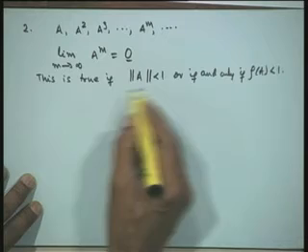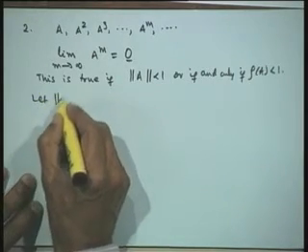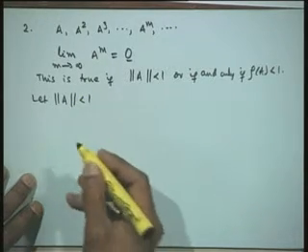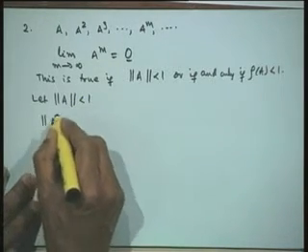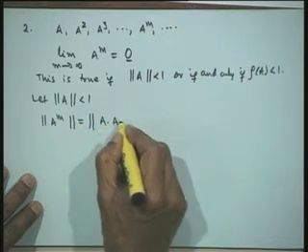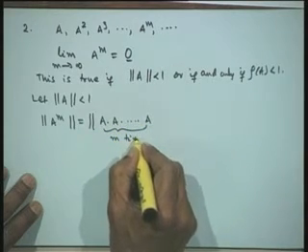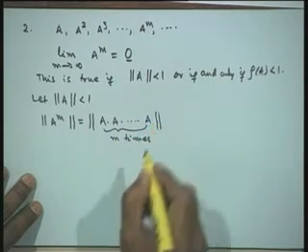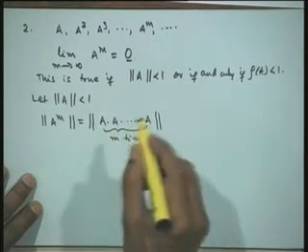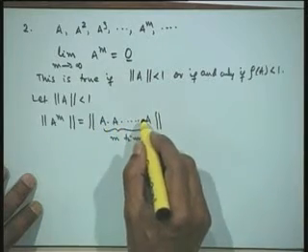Now the proof of this is just one line. Let us take that norm of A is less than 1. Then norm of A to the power of m is norm of A into A, and so on into A, m times. Then I will use the result norm of A into B is less than or equal to norm of A into norm of B. So this will be norm of A into norm of A into norm of A, m times.